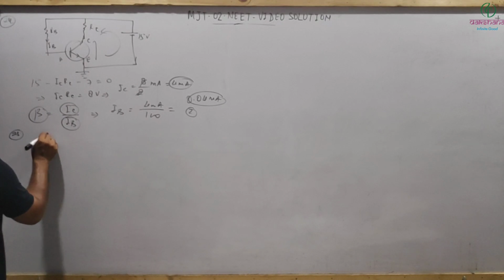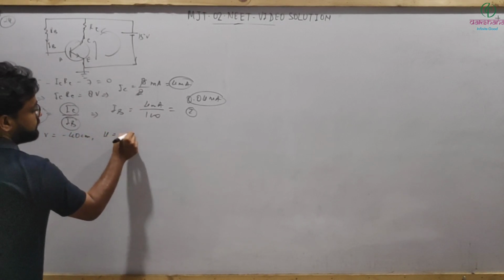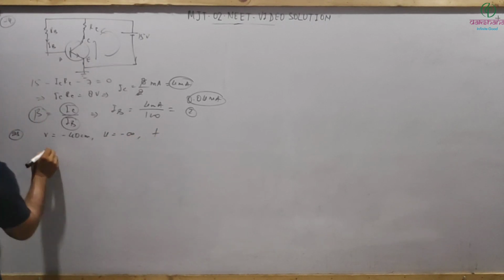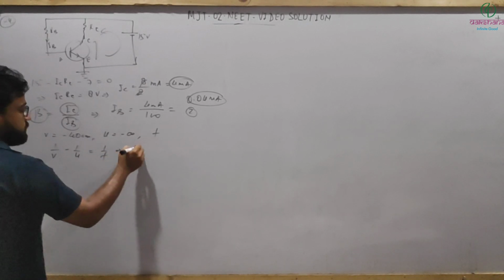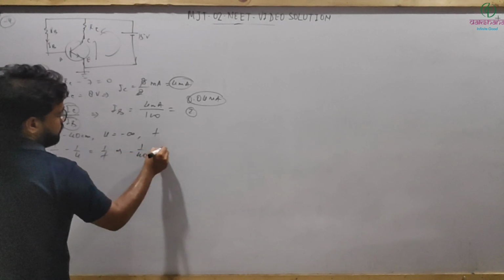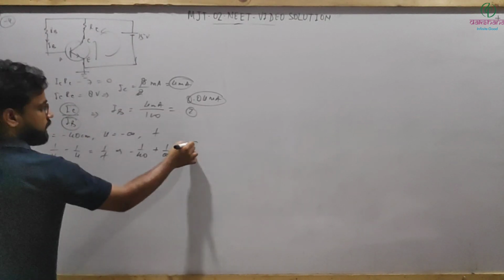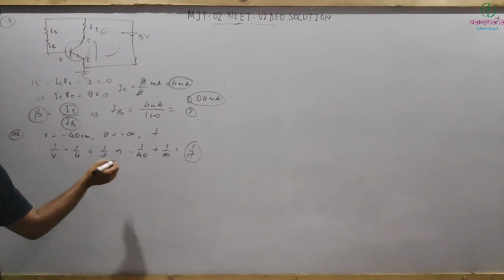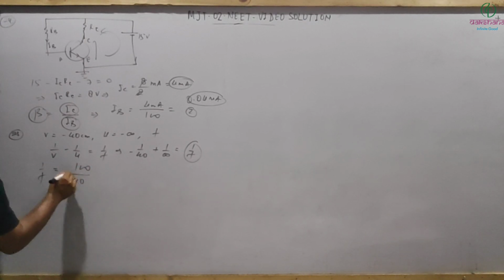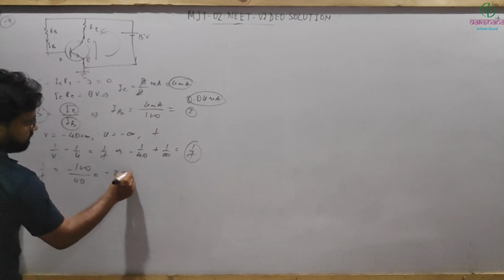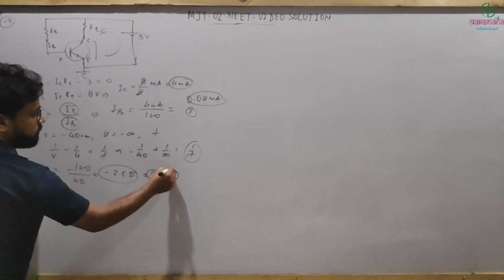So final v is equal to minus 40 centimeter, u is equal to minus infinity, f अपन को चाहिए, so 1 by v minus 1 by u equal to 1 by f. This is 1 by minus 40 minus 1 by infinity equals 1 by f. So f is minus 40, power 1 by f, that is equal to 100 by minus 40. This is minus 2.5 diopter. This is the power of the lens required, matching with option number 1.